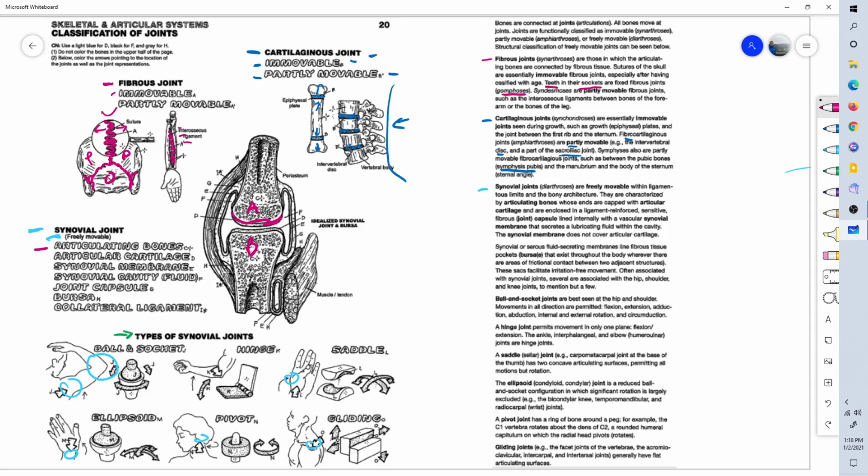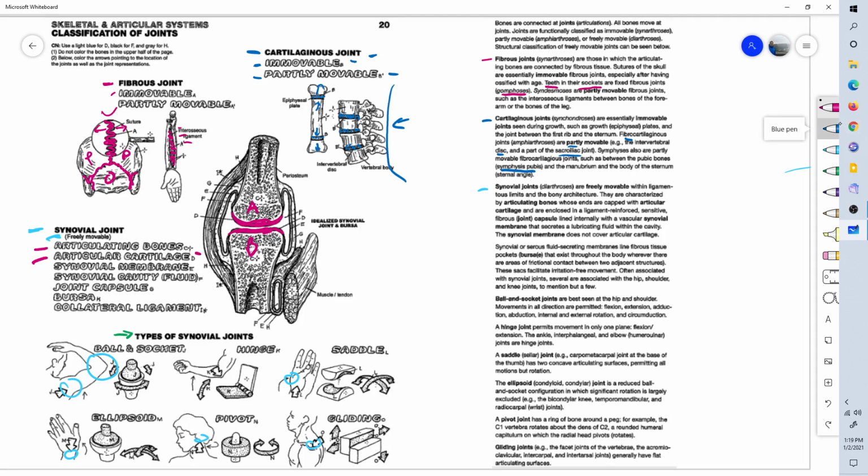Very, very slippery cartilage. Again, synovial joints are freely moving, so they need to be almost friction-free. And this surface is so slippery that there's almost no friction whatsoever in these joints because of this really slippery articular cartilage.